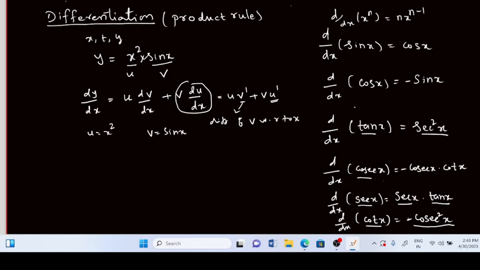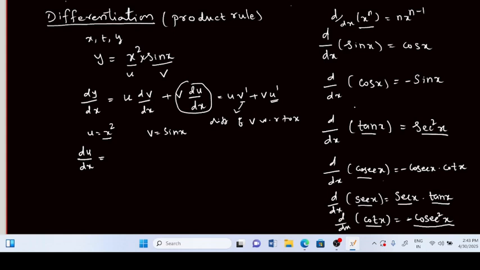So what do we do? We differentiate du by dx, differentiating x square with respect to x. We use the formula: derivative of x power n is n into x power n minus 1. n is 2 here.